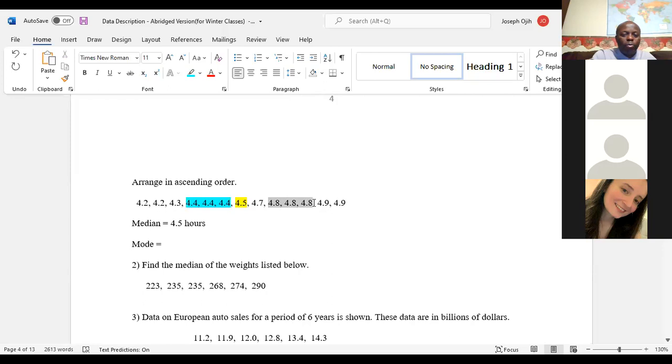These are the numbers that occur with equal frequency. So that means you have two modes. So the modes are 4.4 and 4.8 hours. Sometimes the mode might occur only once, but here it occurred 2 times. So we say that it is bimodal, it has 2 modes.